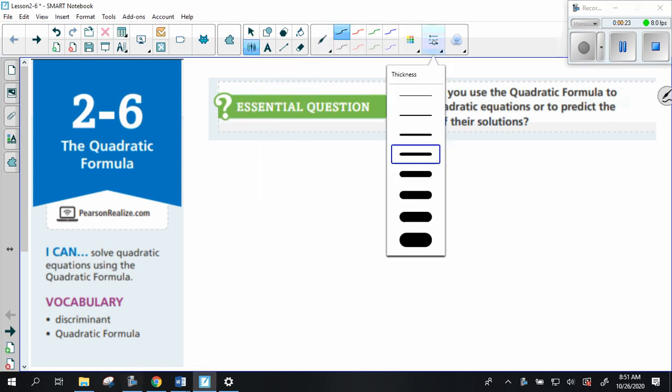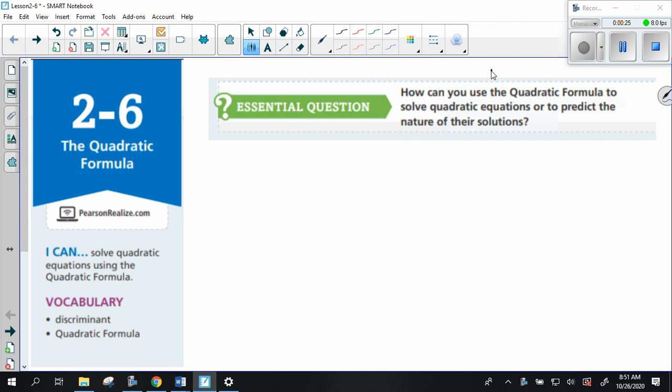As we go through this, we're just going to lay a little bit of groundwork and remind you that quadratic functions are in the form f of x equals ax squared plus bx plus c. And we have this special thing, the quadratic formula, that gives us the solution to such an equation when f of x equals 0.